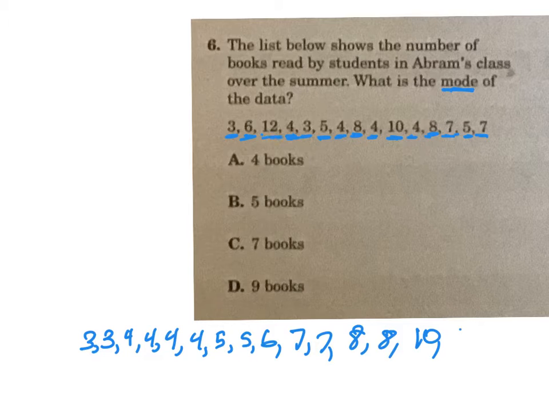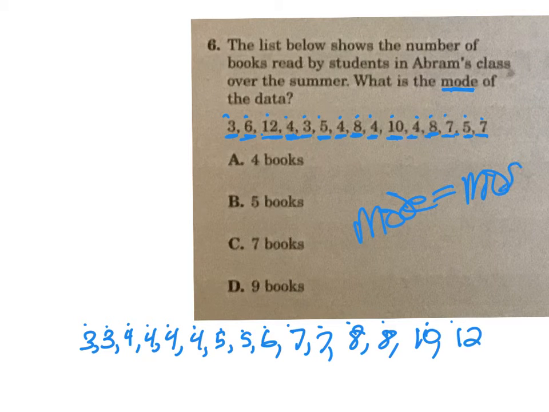Now I'm going to make sure I have all the numbers. 1, 2, 3, 4, 5, 6, 7, 8, 9, 10, 11, 12, 13, 14, 15. Okay. Now, the mode equals most.